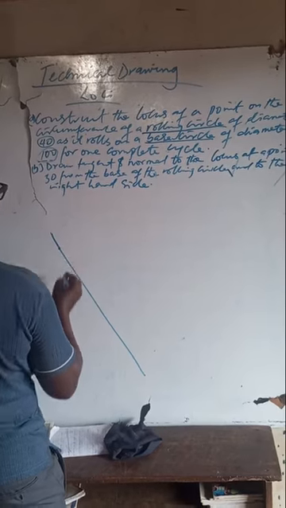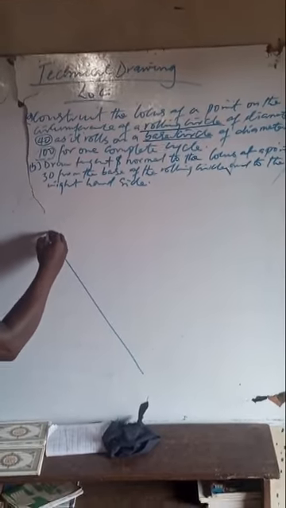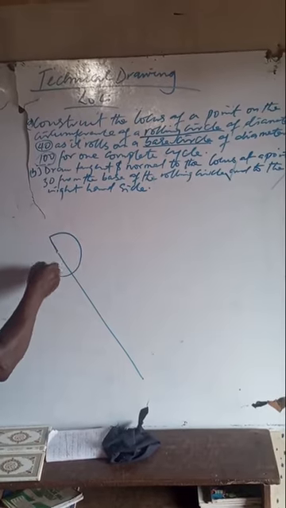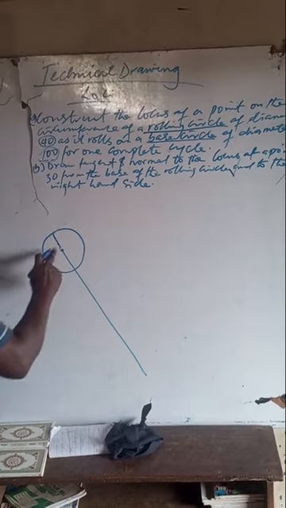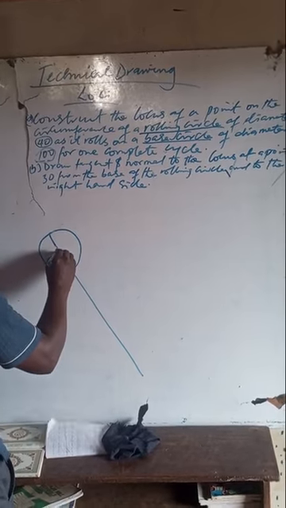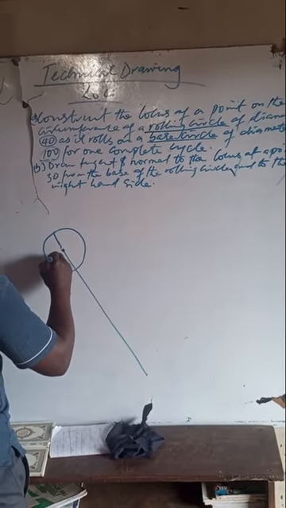If I measure 20 here, I will now stay here and use that 20 as radius and draw a circle. So that's our circle of radius 20, diameter 40. Then I need to divide it into 12 equal parts.